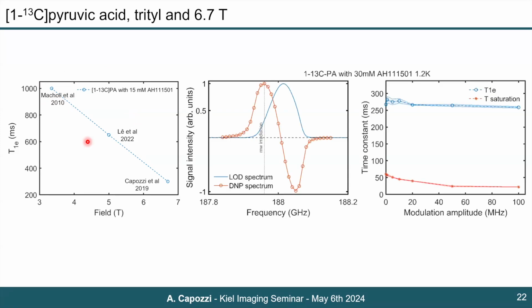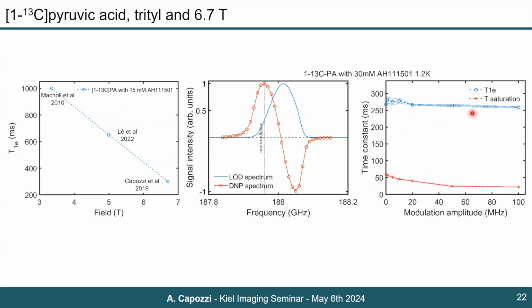At the same time, for trityl and pyruvic acid at 6.7 Tesla, microwave modulation does nothing. And the reason is that trityl is narrow enough and the electrons are so tightly bound that the saturation of the ESR line is very efficient.